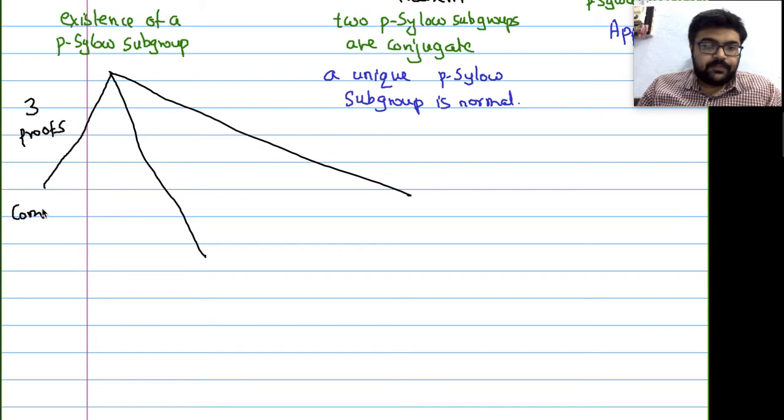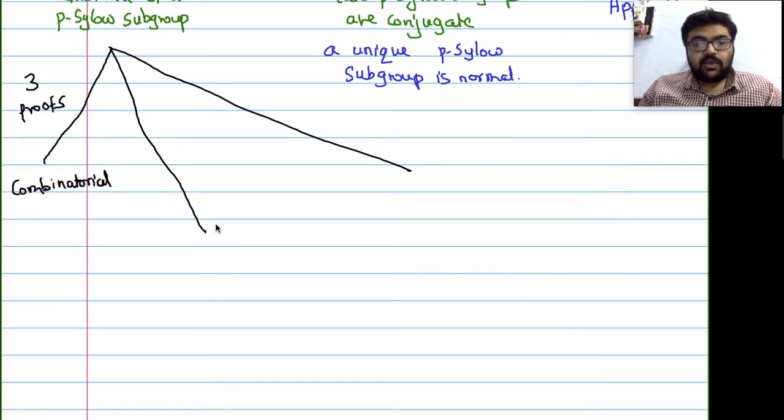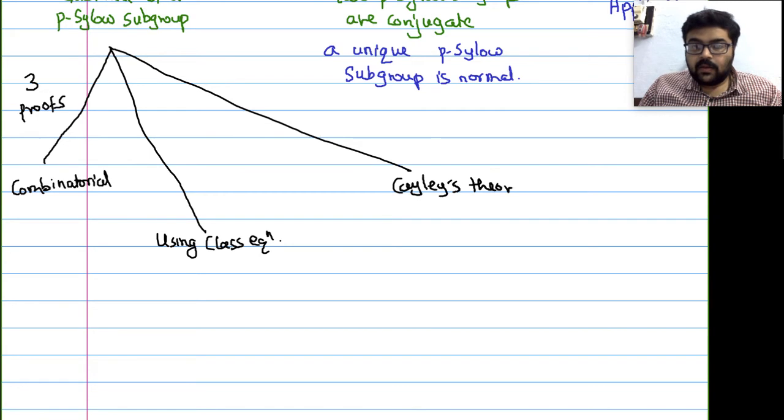But the first part has three: one is the combinatorial proof, another one is using the class equation, and this one uses Cayley's theorem and permutation groups.